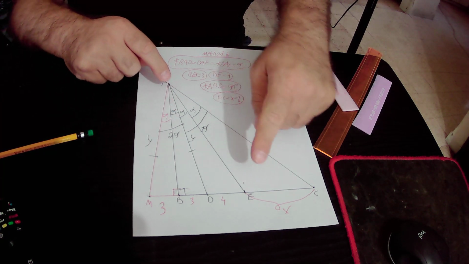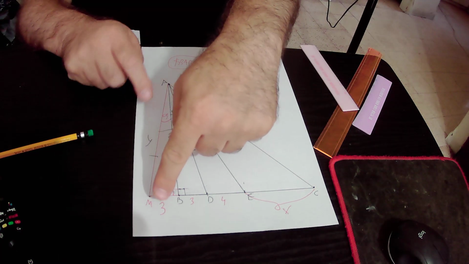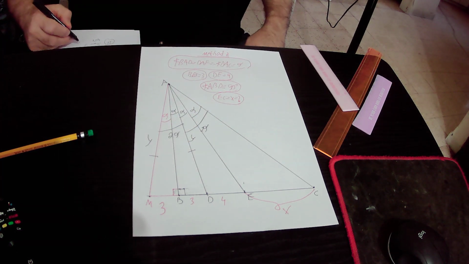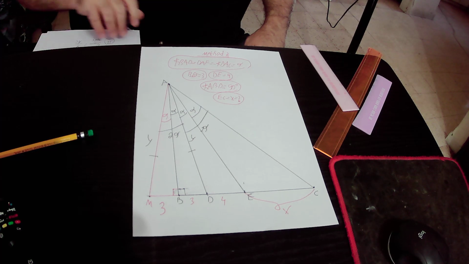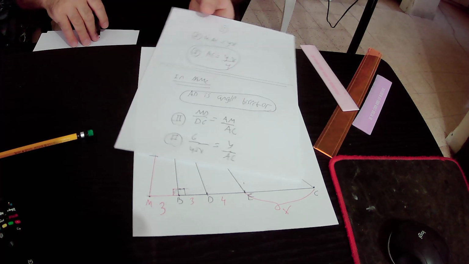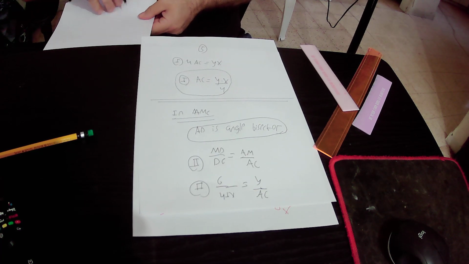The value of AM is actually Y, according to our definition. So it is Y over AC. So in total, we got equation number 2 that states that 6 over 4 plus X equals Y over AC.